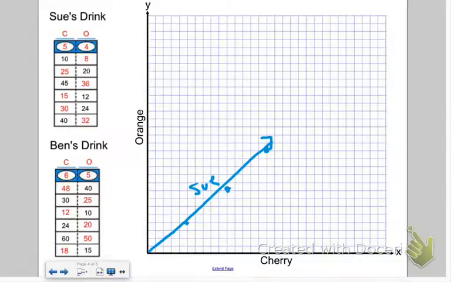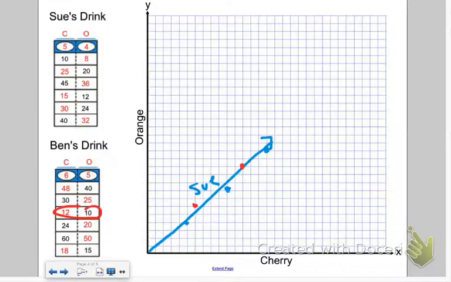And Ben has 6, 5, so over to 6 and up 5. And then we have, oh, I see 12, 10. I can probably graph that one. So over 6, up 5, right about here.